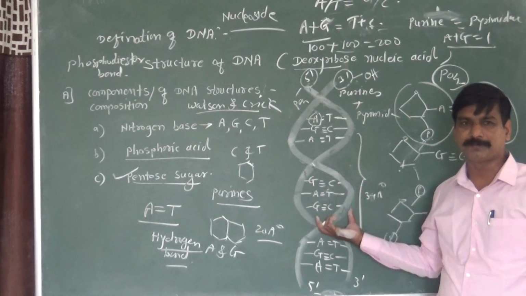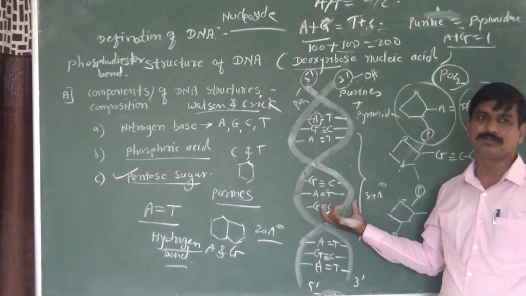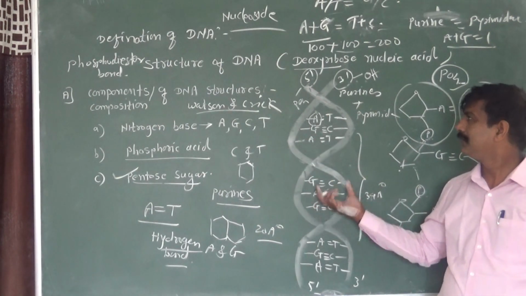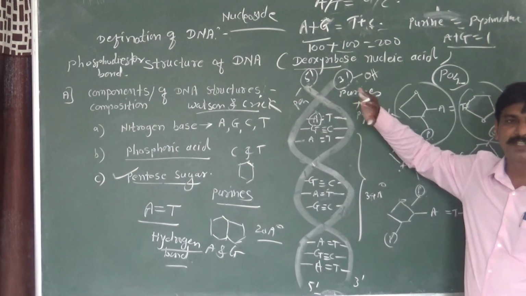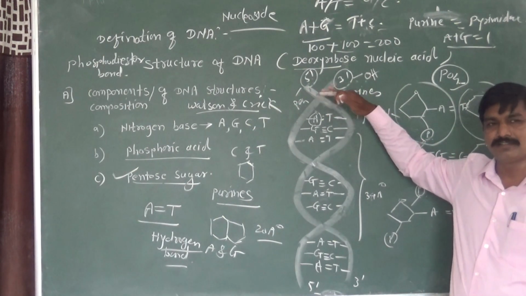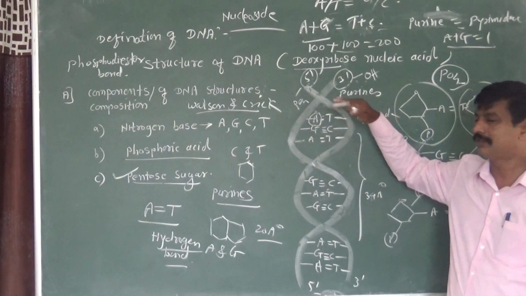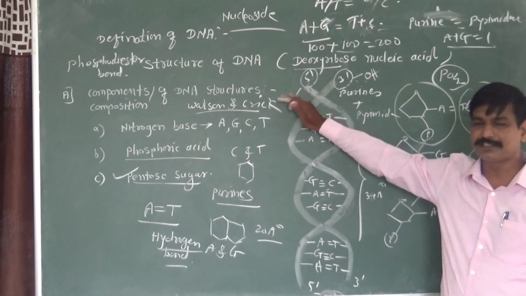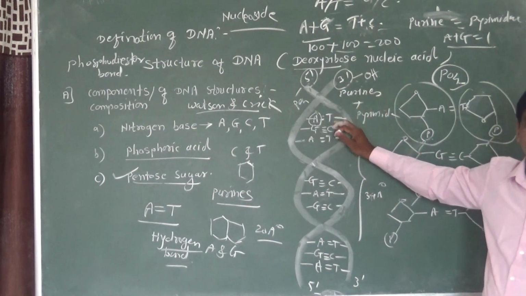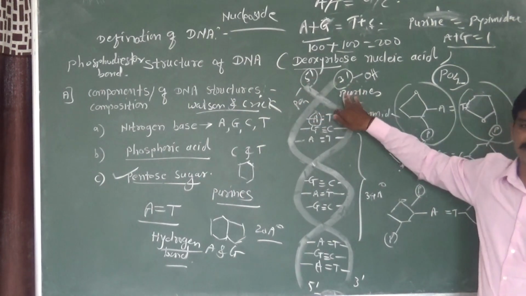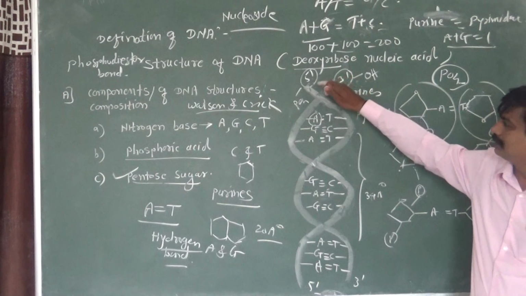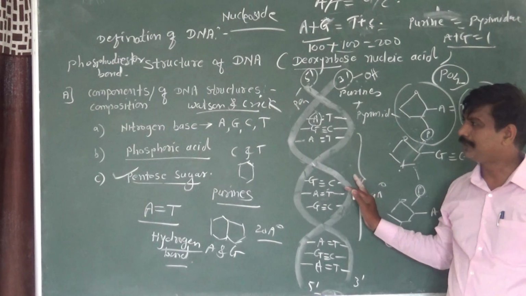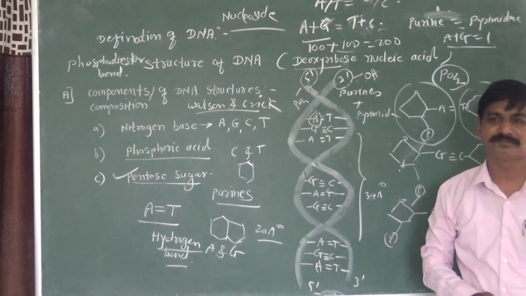It is made up of two strands, attached by nitrogen bases as well as phosphodiester bonds. The objective is to understand the genetic material, the DNA structure and the function of DNA. These are the important parts of the DNA structure topic. Thank you very much.